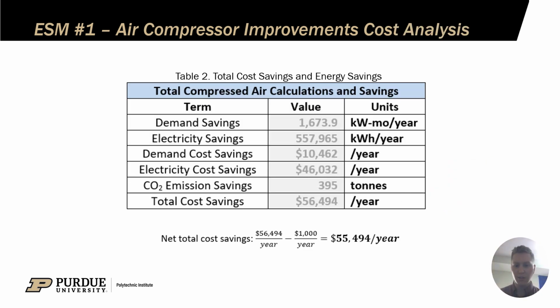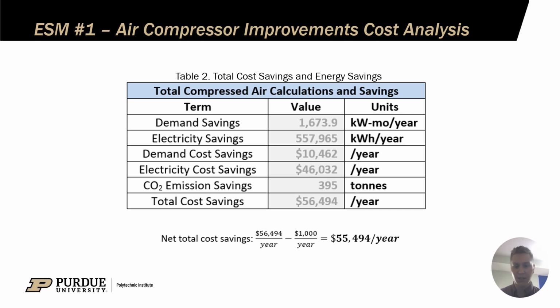So let's talk a little bit about some of the savings that could be achieved if the ultrasonic air leak detector was purchased and implemented at the facility. The most important information here, the electricity savings: the company would see about 557,965 kilowatt hours per year saved. The savings that could be achieved are $56,494 per year.